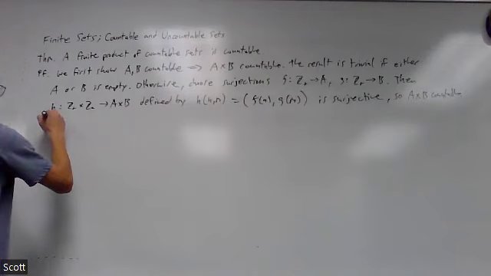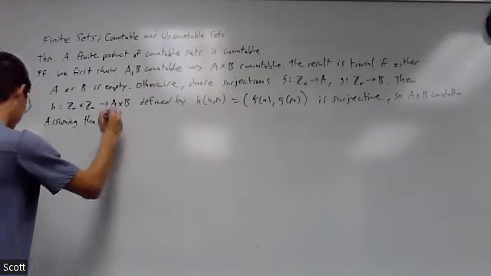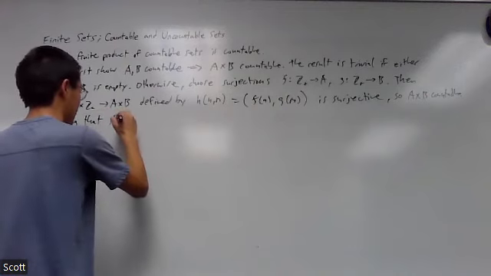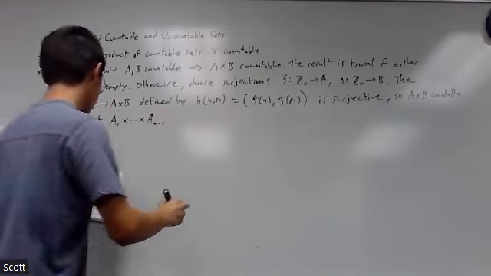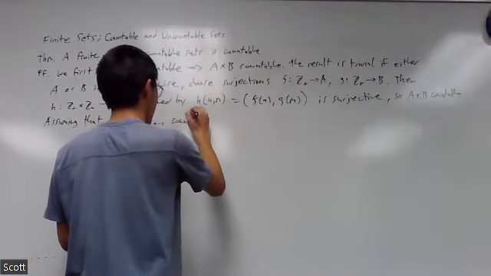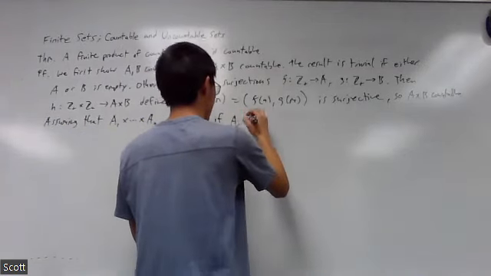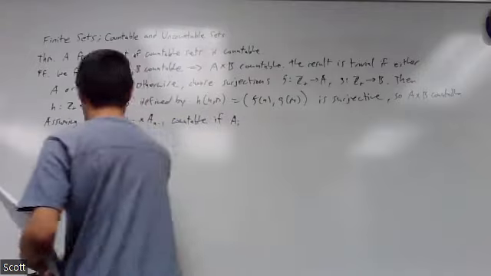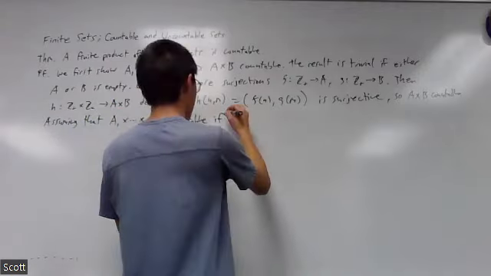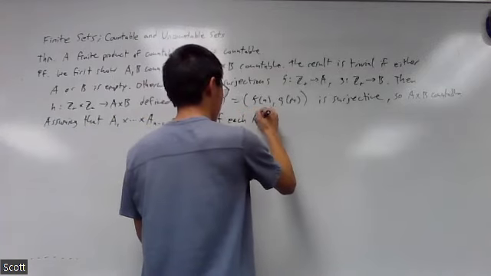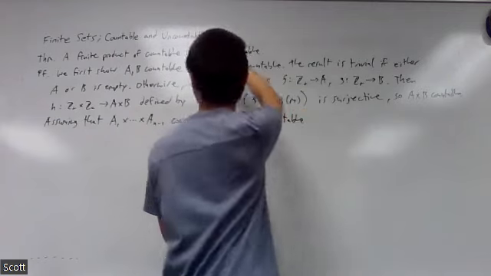So we'll assume that the product A1 through A(n-1), starting with one less, is countable, so long as each Ai is countable, to meet the hypothesis of the theorem.